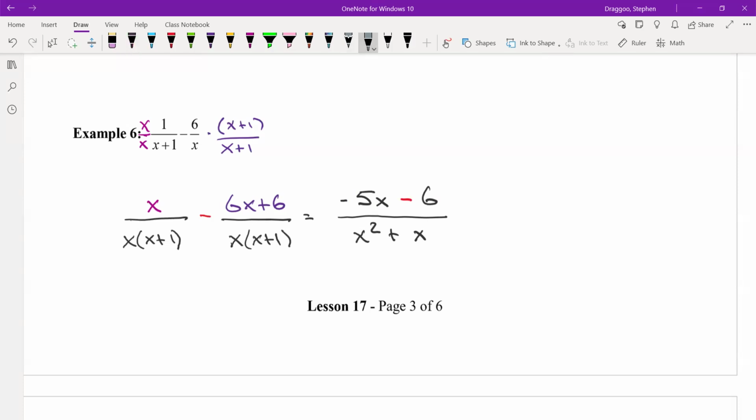Just to add an extra note here, this is going to be x minus, in parentheses, 6x plus 6, right? If I put the parentheses around that and subtract it through, that negative needs to apply to the plus 6.